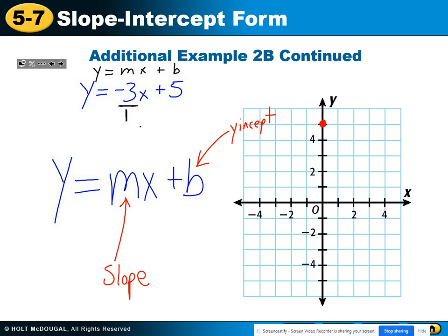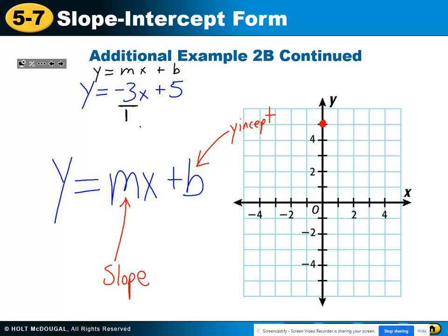All right, Jack. Why can I write that 1 under the -3? I don't really get that. Wouldn't it be just because it's still -3? Right. Because -3 divided by 1 is still -3, right?